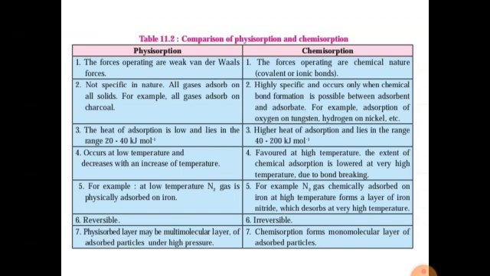And for chemical adsorption, nitrogen gas chemically adsorbs on iron at high temperature, forming a layer of iron nitride. Physical adsorption is reversible, while chemical adsorption is irreversible. In physical adsorption a multimolecular layer may form, while in chemical adsorption a monomolecular layer is formed.